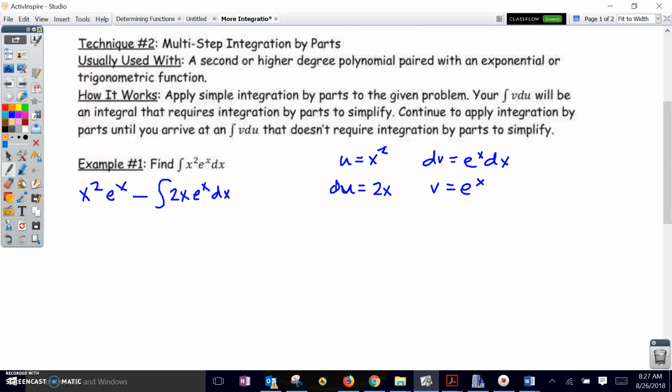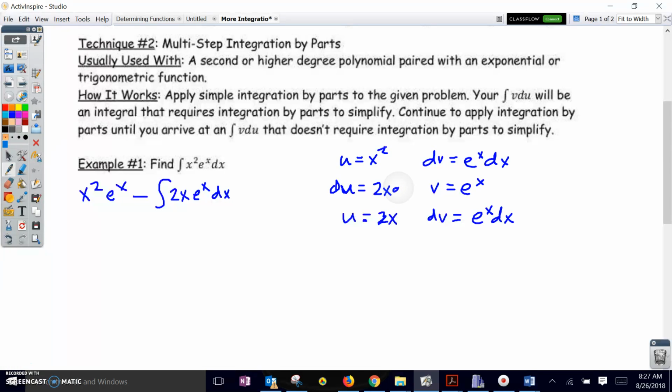And so in this case now I'm going to let u be equal to 2x and dv be equal to e to the x dx. If it helps you, you can subscript the u's and dv's. I typically don't. I typically just continually recycle those letters u and dv when I'm doing multi-step integration by parts.